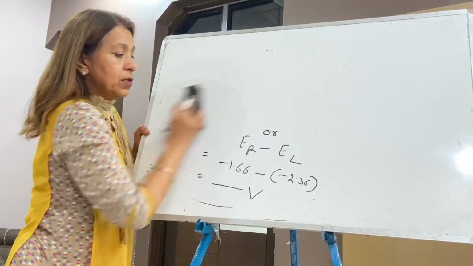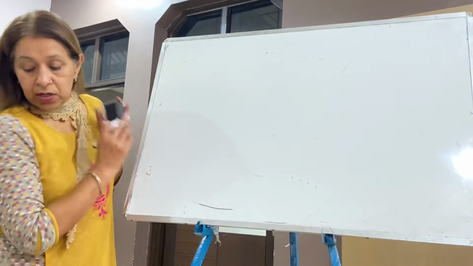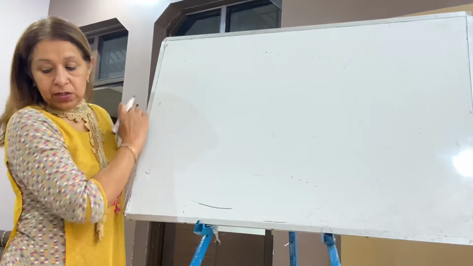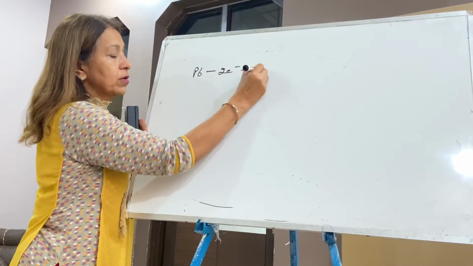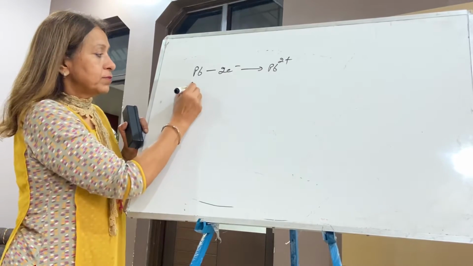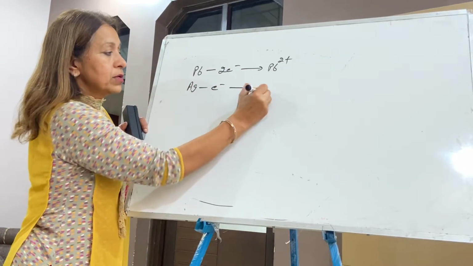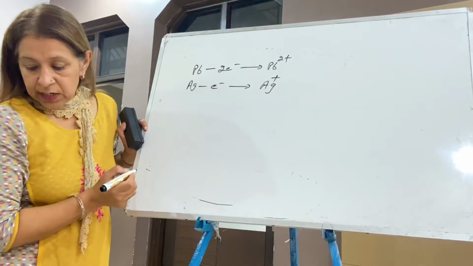Now I'm taking the third numerical. Same topic. Write down: magnesium, lead minus 2 electron arrow lead 2+, silver minus electron arrow silver+, and their values are given.